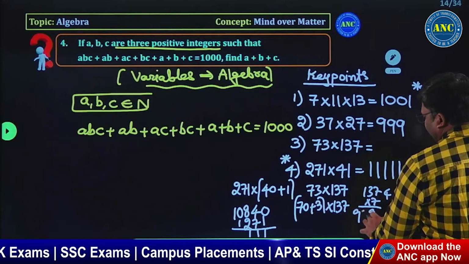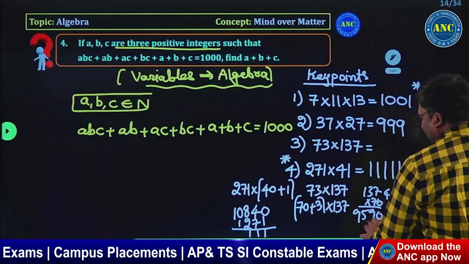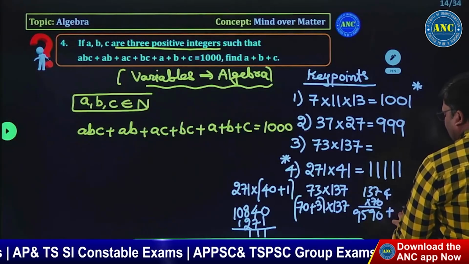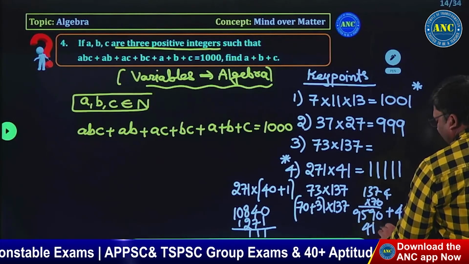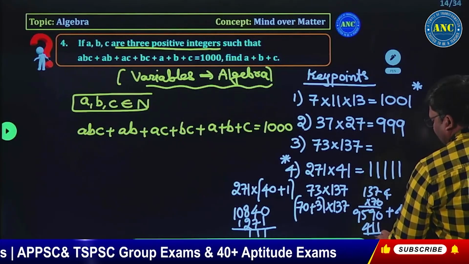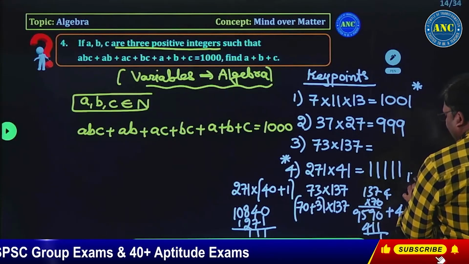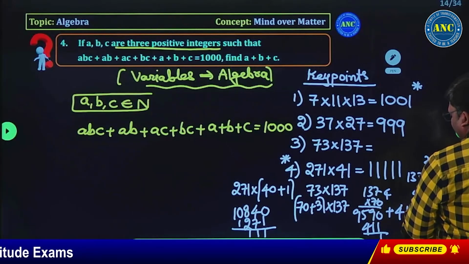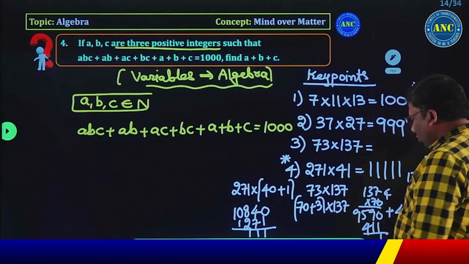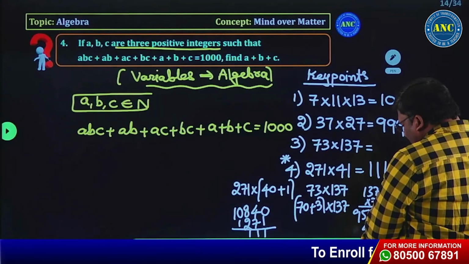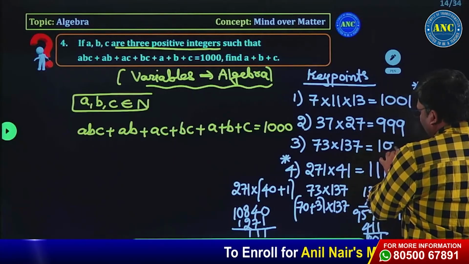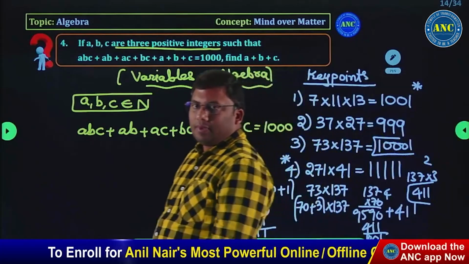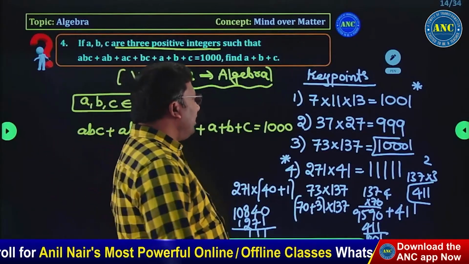It is 959. 9590 plus 137 into 3, which is 411. 3 7s are 21, 39 plus 2, 41. It is 411. 9590 plus 411 is 10,001. Please write down, sir. So 73 into 137.